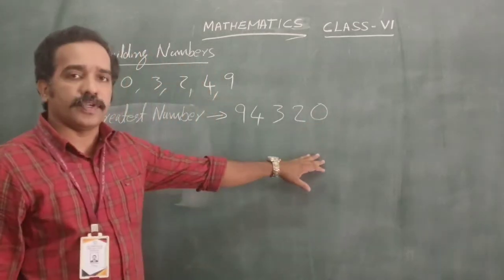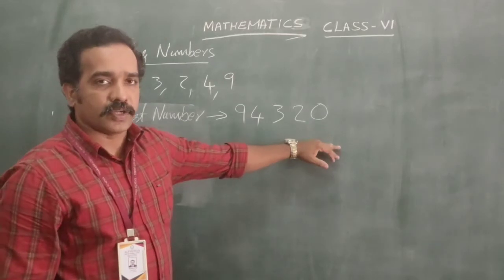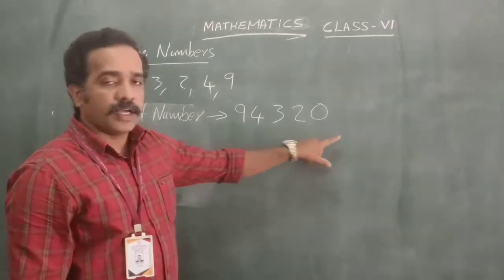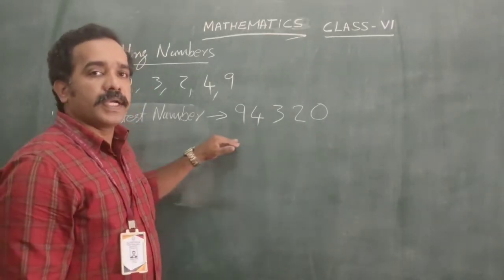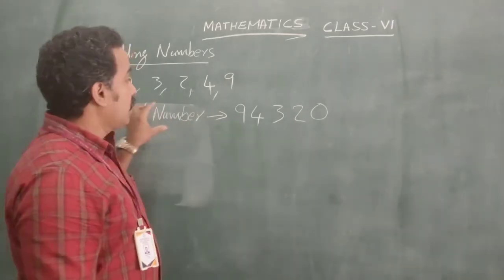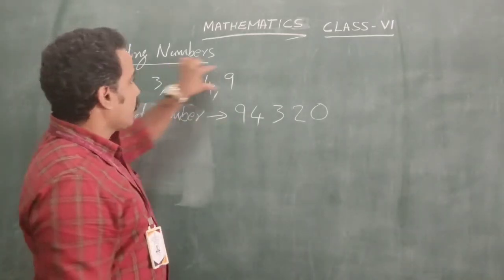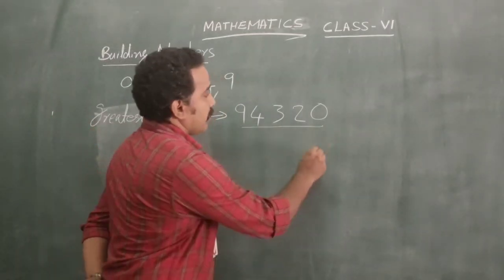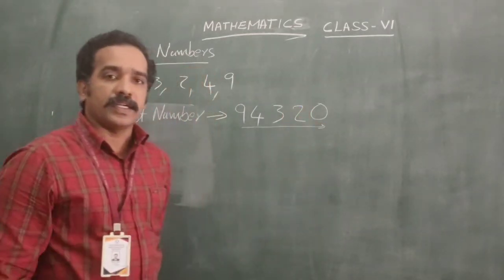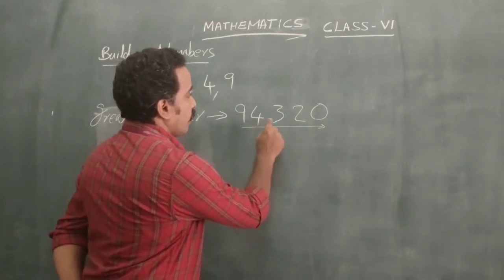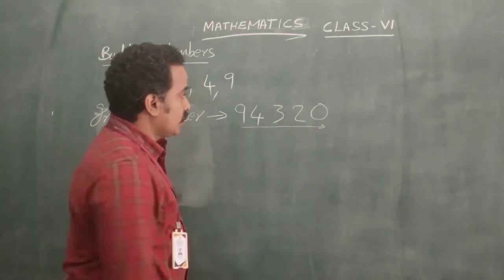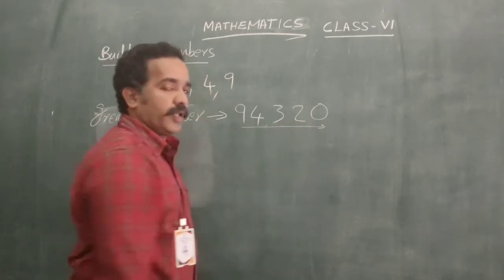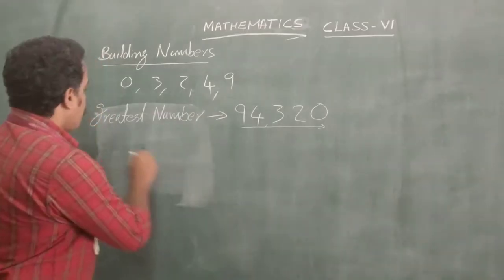All the 5 digits we used, no digit is repeated. This is the biggest number we could make using these 5 digits. How did we find it? We are just arranging the digits in the descending order. 9, 4, 3, 2, 0. So this is 94,320.